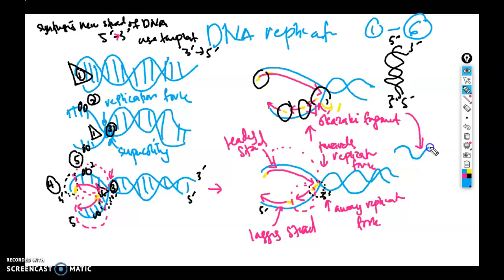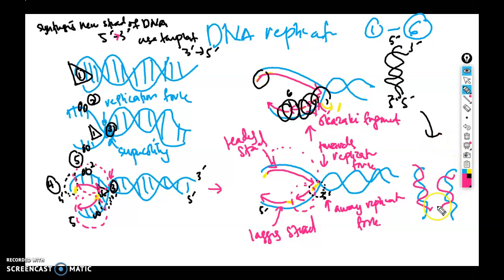Then number 6, the Okazaki fragments will be joined by DNA ligase, and finally they will produce 2 identical strands of DNA that consist of old and new strands.